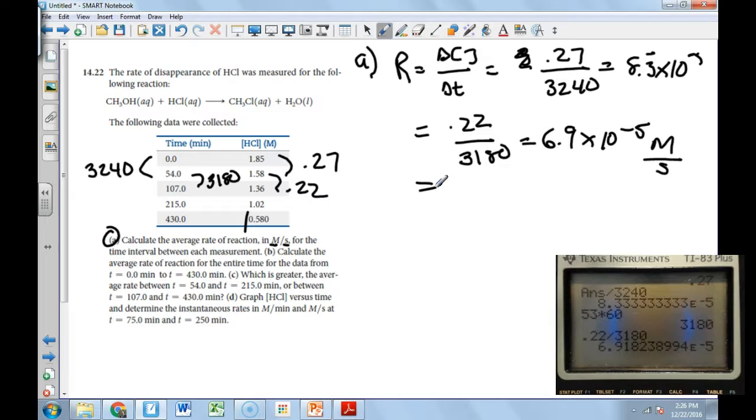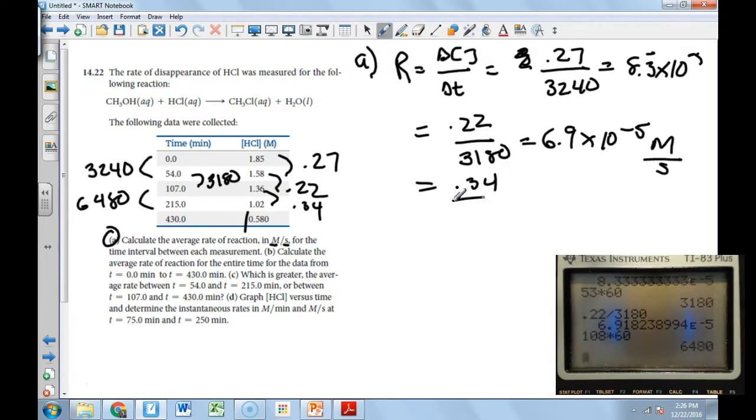And now the third one, the change in time is 108 minutes. So 108 times 60 is 6,480 seconds, and the change in concentration here is 0.34.